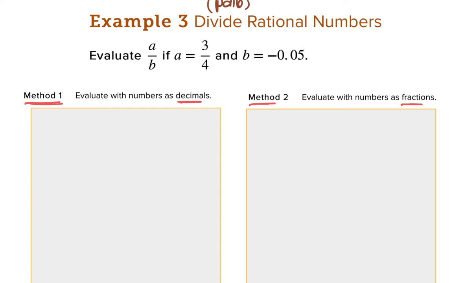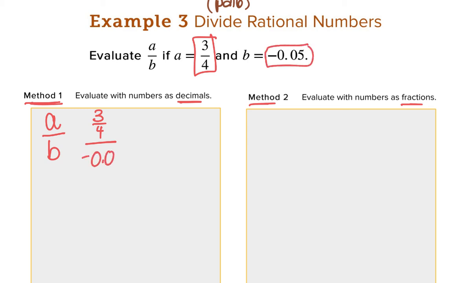All right, so for method 1, if we have A divided by B, that means we need to take our value of A, which is 3/4, and divide that by the value we have of B, which is -0.05. At this point, it tells me to turn these into decimals, so I'm going to rewrite that 3/4 in decimal form, 0.75, because 3 divided by 4 is 0.75.